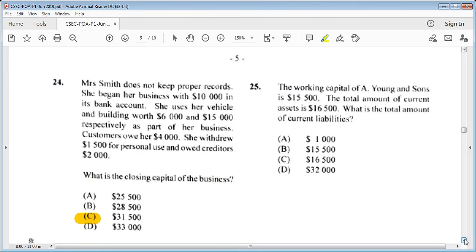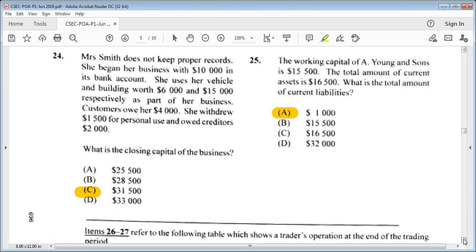Our current assets are $16,500 and our working capital is $15,500. So when we deduct $15,500 from $16,500, we're left with $1,000. That would be our current liabilities amount. A would be our answer.